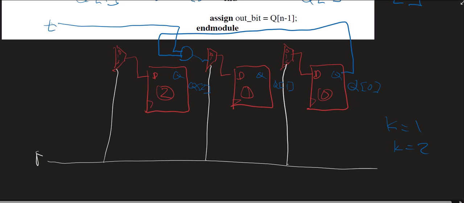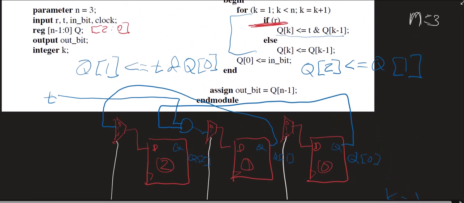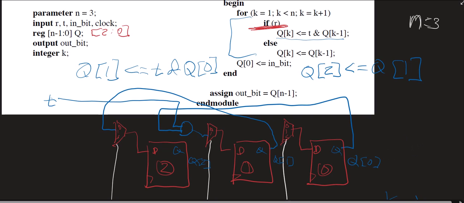So Q of 2 becomes Q of 1, so I'll take Q1 and I'll put it into the 1 right there. Else, oh wait, I messed up. That was the else.